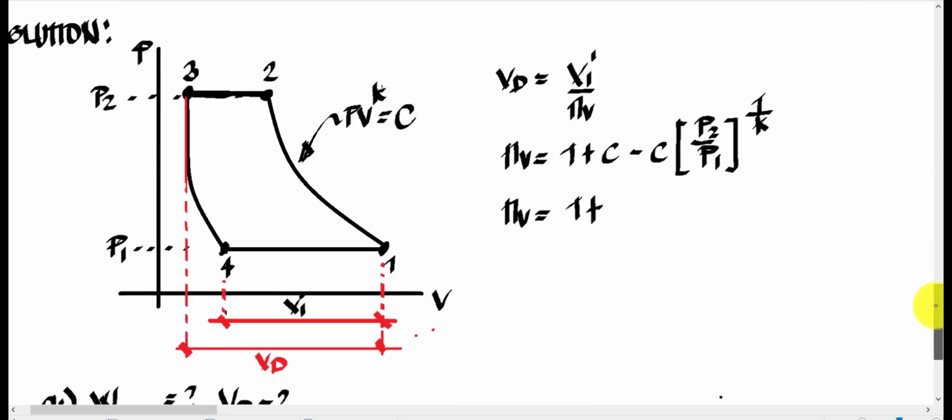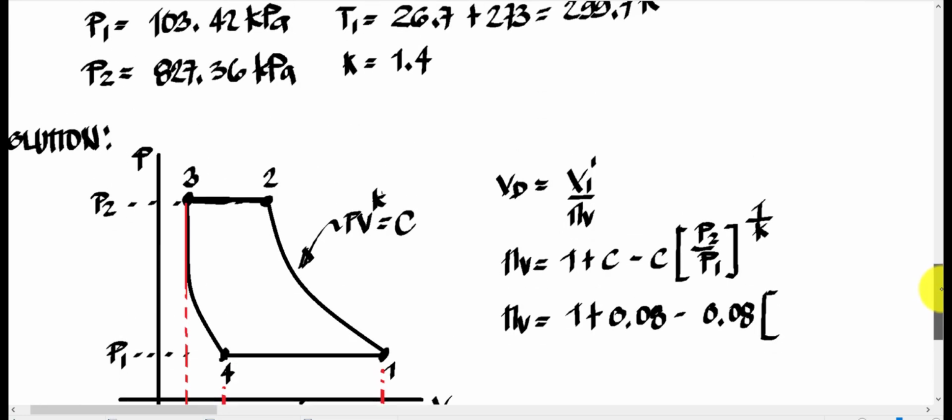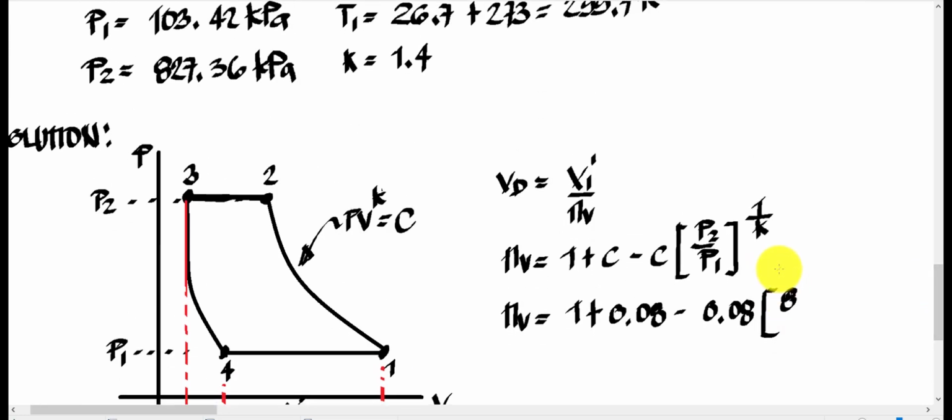So we have 0.08 minus 0.08, then multiplied by the pressure ratio, 827.36 kPa all over 103.42, that will be kPa also.